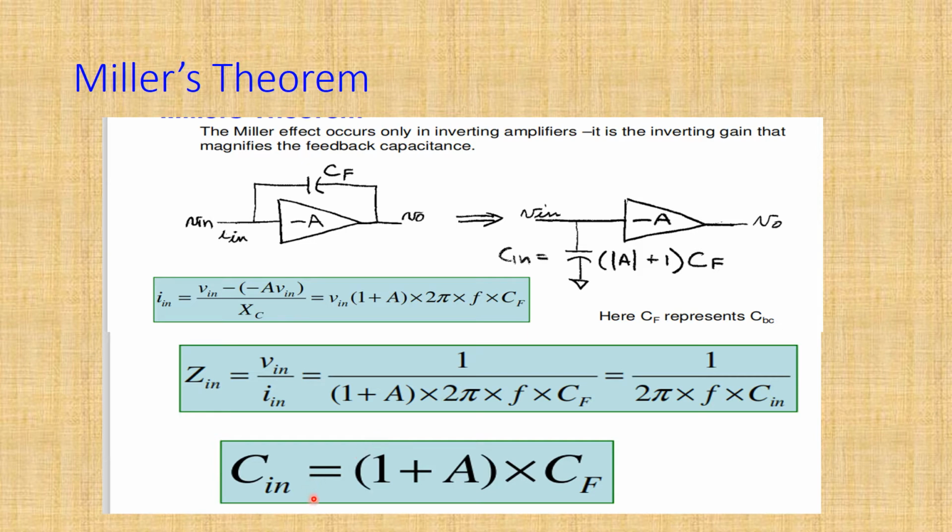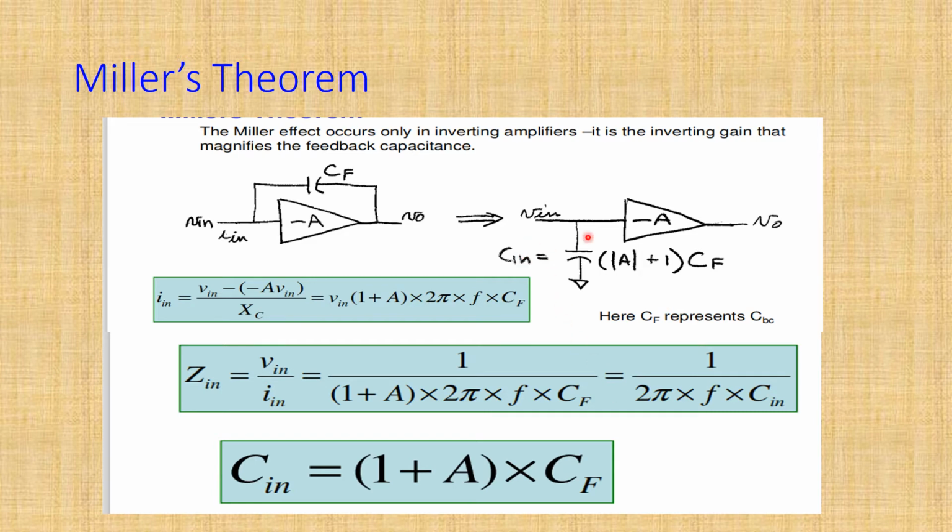So when we take the ratio of the above relation, we get an impedance of 1 upon 2 pi F times C in, which is nothing but an impedance due to the capacitance as input capacitance. So C in is equal to (1 plus A) times CF. This is shown over here.